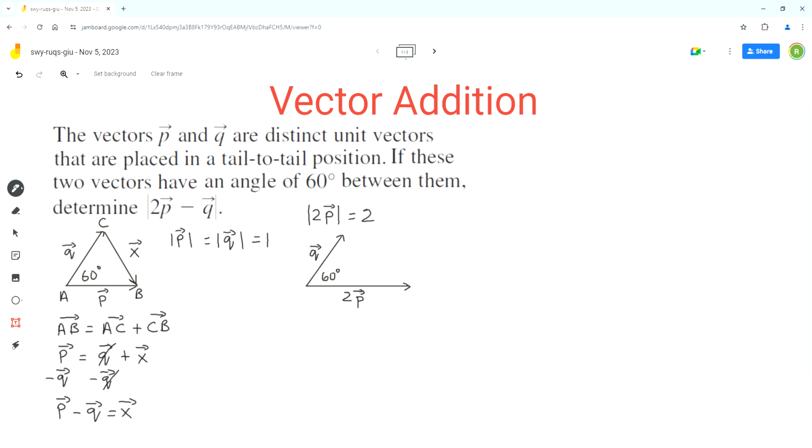So this is the diagram we have to use to find the magnitude of 2p minus q. So as we discussed in the previous diagram, vector 2p minus q will be represented by the third side in this triangle.